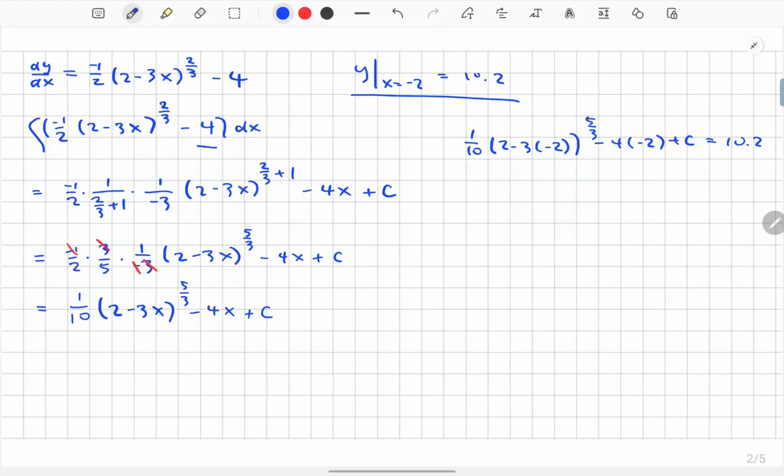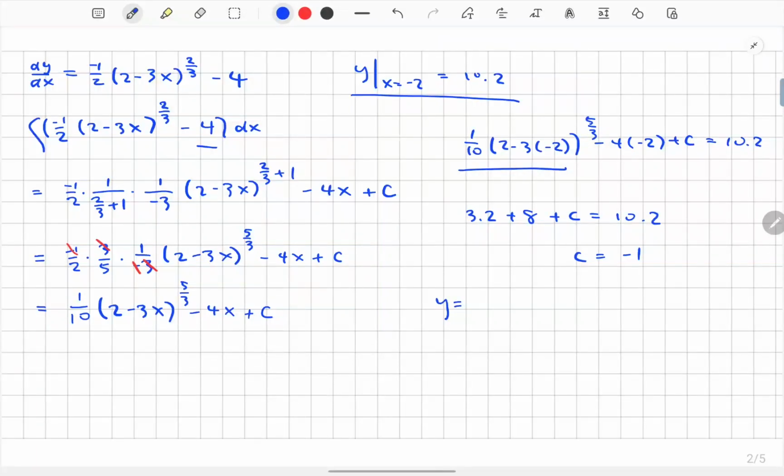And our power is getting a bit complicated, so feel free to use your calculator if you need. So this entire thing is 3.2, then minus 4 times negative 2, this is plus 8, plus c equals 10.2, so c equals negative 1. So our final step is to put c back into our original y function.